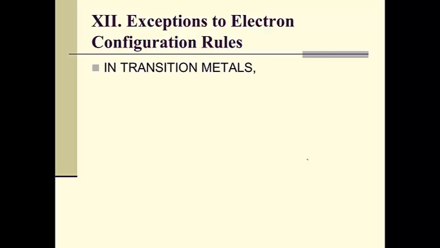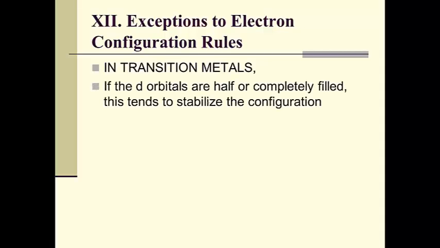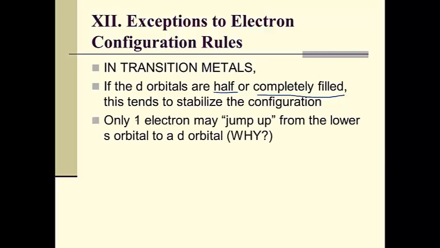Remember, the reason why anything does anything is atoms are trying to be lazy. They're trying to become more stable. If the d orbitals are either half filled or completely filled, this tends to stabilize the configuration. Only one electron can jump up from that lower s orbital to a d orbital.